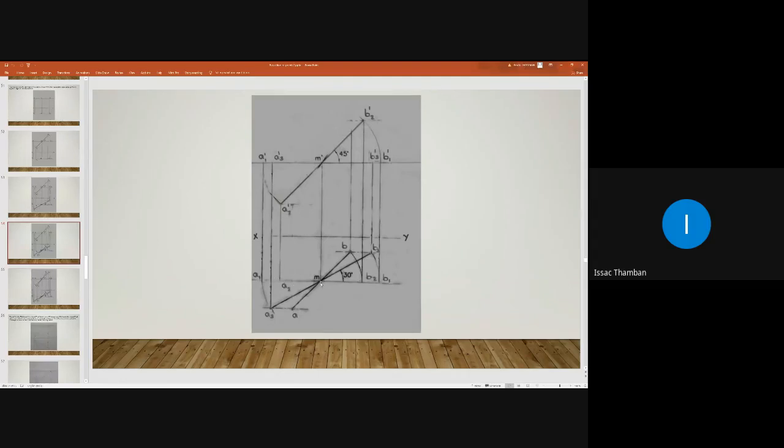What is the length MA2, Kajal? What is this length? MA2. What is this length? 28 millimeters. 28 mm.